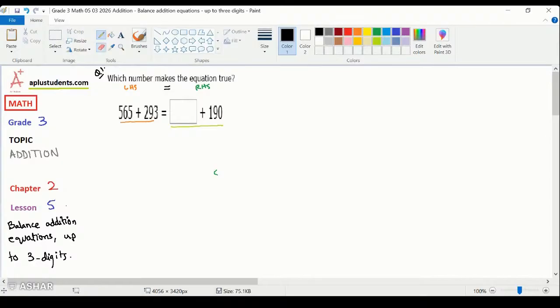Equation means an equal sign. Agreed? So what we need to find is the total of the 3 digit numbers on the left hand side, and what should be added to the right side to make it equal.